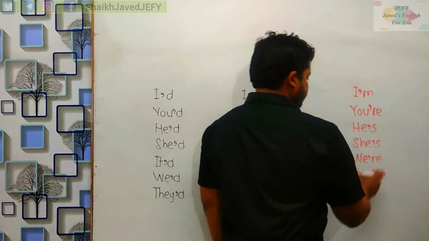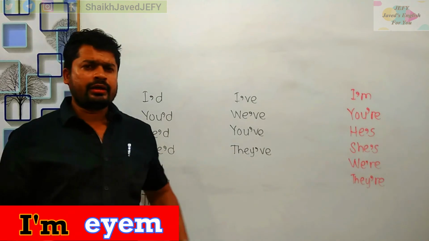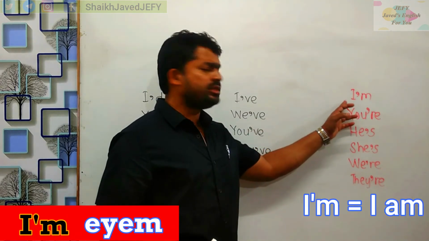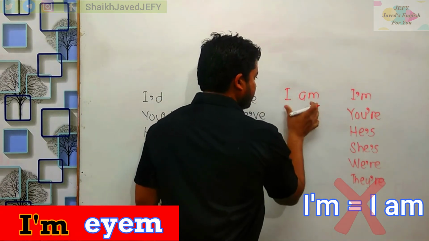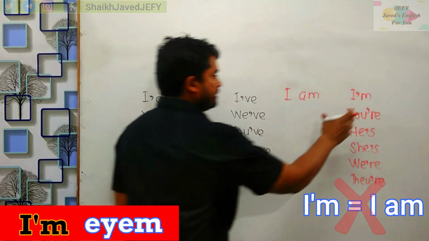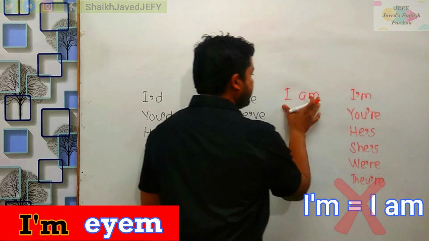These are comparatively simpler. I'm, not I am. I have seen enough students who say I am. It's not I am, it's I'm, because it's written separately. Okay, it's written in contraction form. That's why it's I'm and I am.